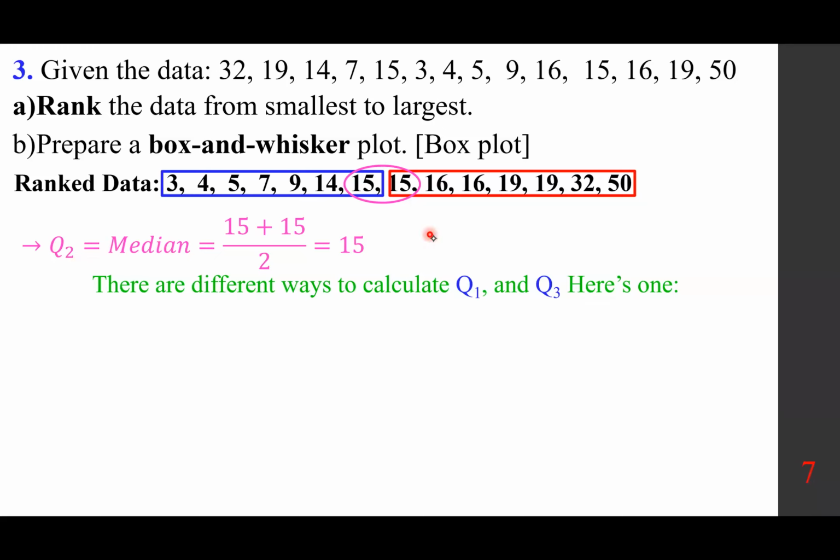You never go wrong with that. There are different approaches. If you go with the median of the first half, you get 7 here because you have 1, 2, 3, 4, 5, 6, 7. So you need the fourth one. If you go with the median of this one, 1, 2, 3, the fourth one is 19. And that works out, and it's very easy.